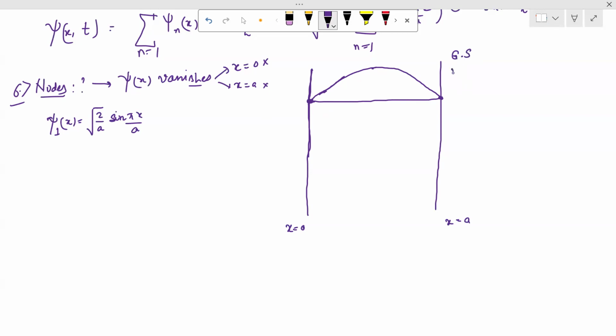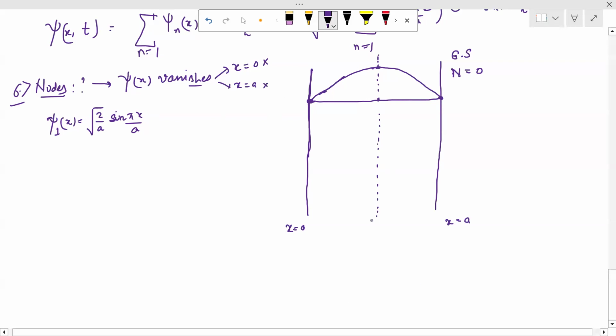And you see clearly the number of nodes. I will write nodes by, let's say, capital N. So the number of nodes will be equal to clearly 0. And this is the maximum point. So here it attains the maximum point at a by 2. So at x equal to a by 2, you know that the ground state will have a maximum of psi. I'm just writing it here somewhere.